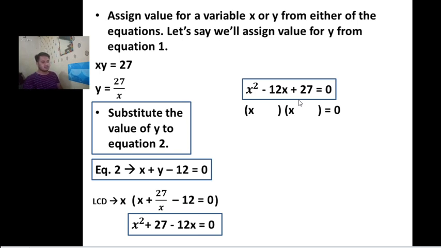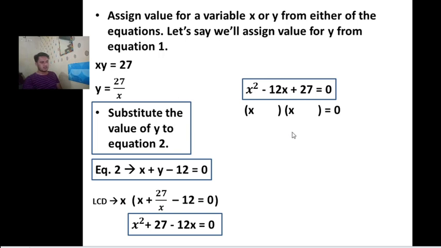And since the signs are the same, we will add to get the numerical coefficient of the middle term. So we will think of numbers that when we multiply, the answer is 27, and when we add, the answer is negative 12.